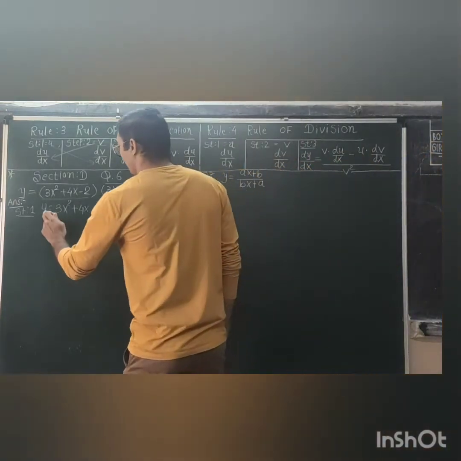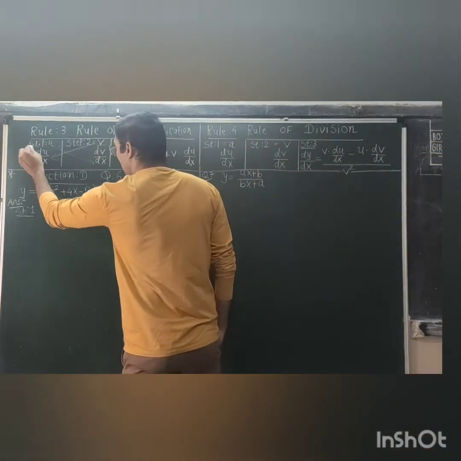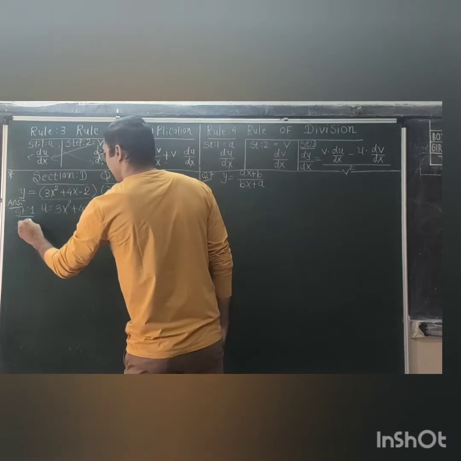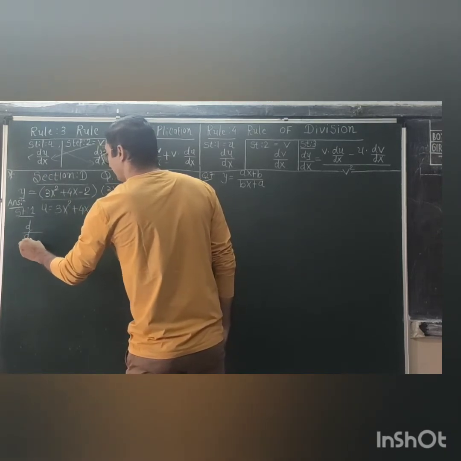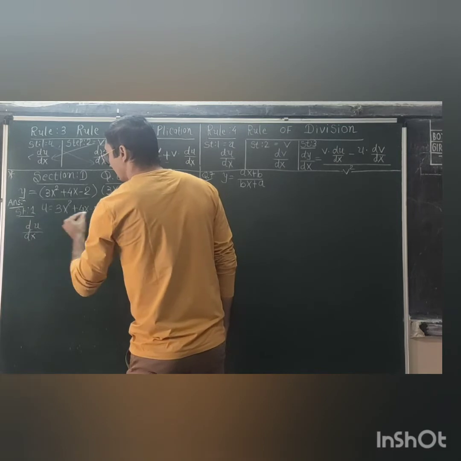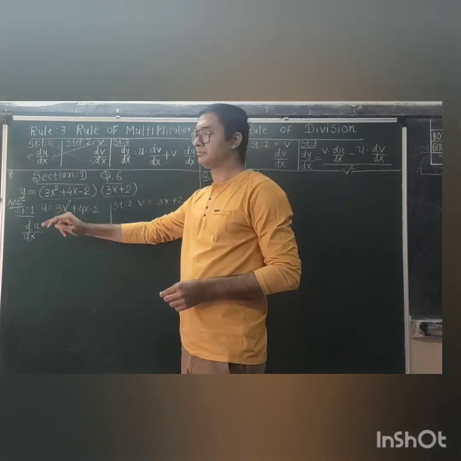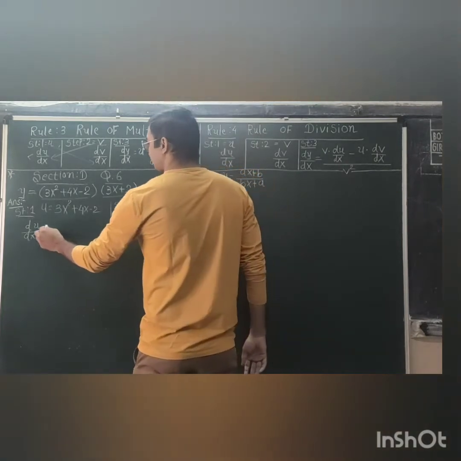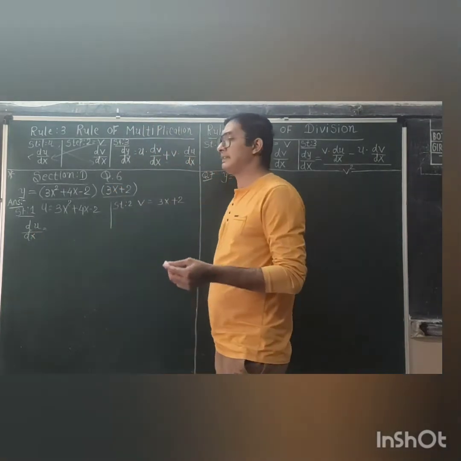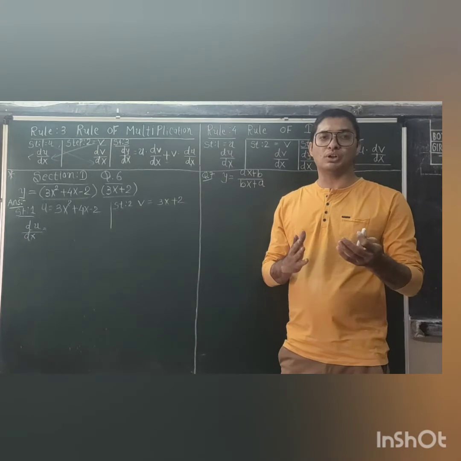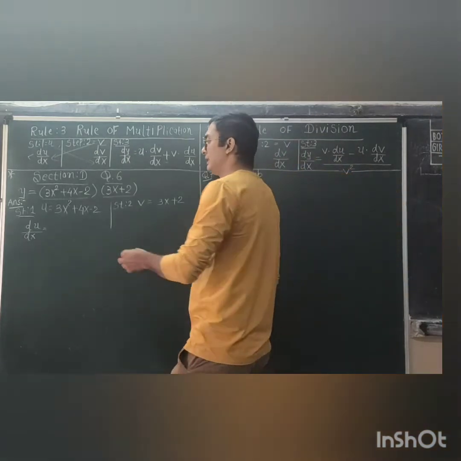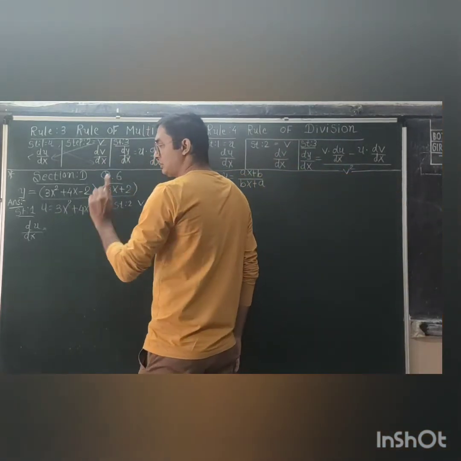Now if we want to find du upon dx, meaning the derivative of u. In the last class I explained how to solve the derivative sums. Here x has a power 2.